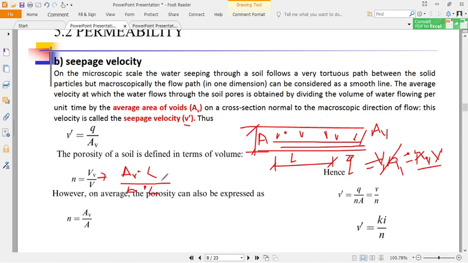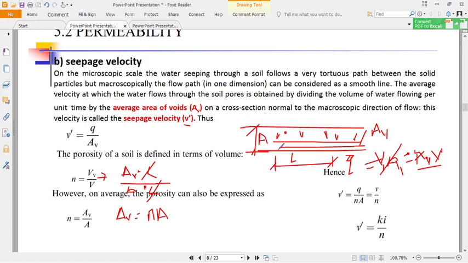So now porosity comes to be Av over A. Now we can say Av is equal to n times A, where A is the cross-section area of the soil sample.